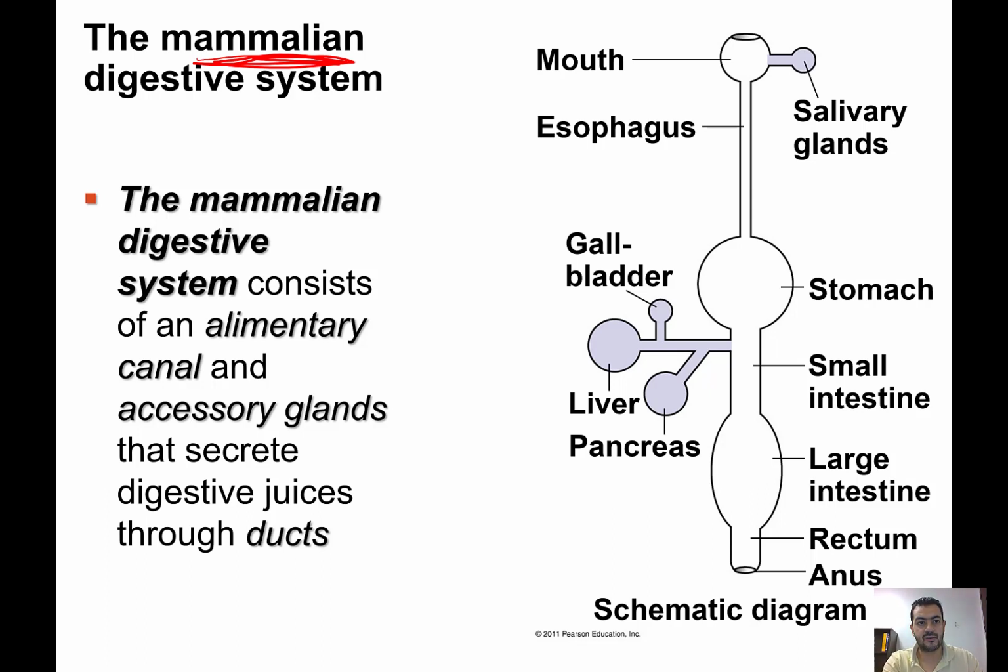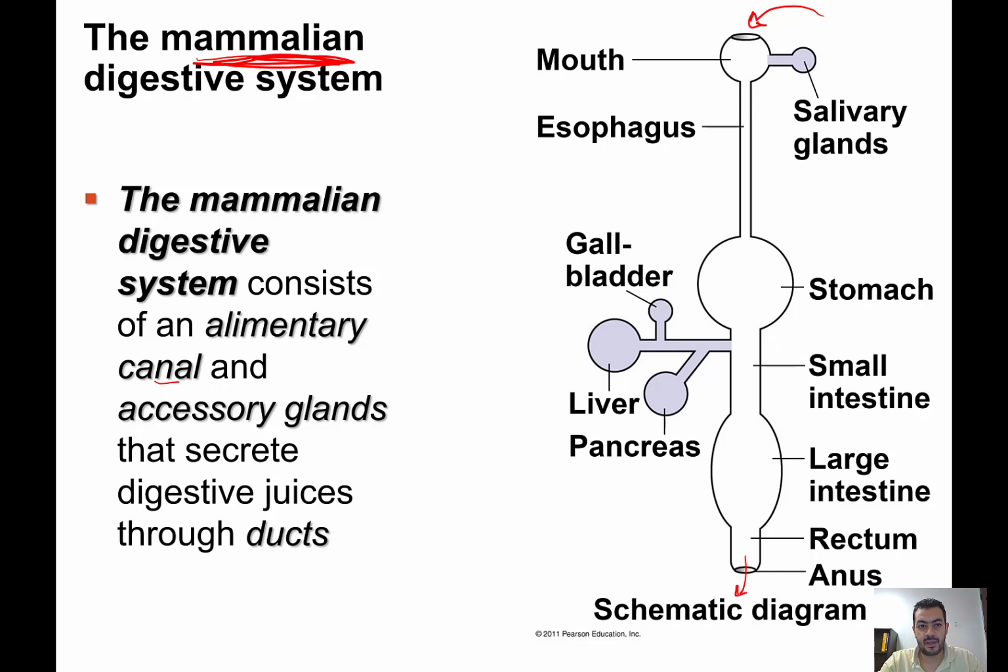The mammalian digestive system consists of the alimentary canal, the part shown here in white. This is a canal through which the food will pass from the mouth all the way through to be eliminated at the end through the anus.